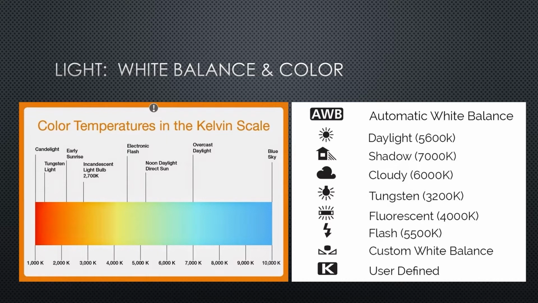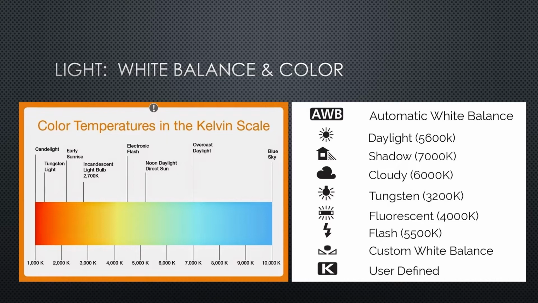Many cameras will also let you dial in very specific white balance settings using Kelvin temperatures. As an example, when I went on my honeymoon, we went to the Grand Tetons, and my images were coming out super blue. At that elevation, the light was closer to 8,500 degrees Kelvin.